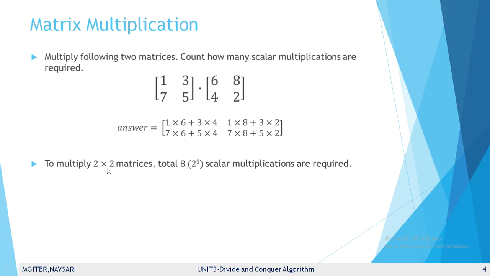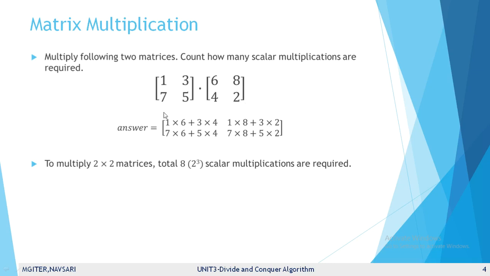Now for multiplying 2 cross 2 matrices, 8 scalar multiplications are required. For example, to find the first component of the resultant matrix, we multiply the first row with the first column of the second matrix: 1 into 6 plus 3 into 4. Similarly, for the second component, 1 into 8 plus 3 into 2.